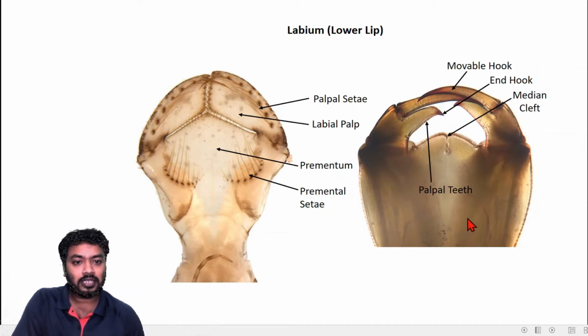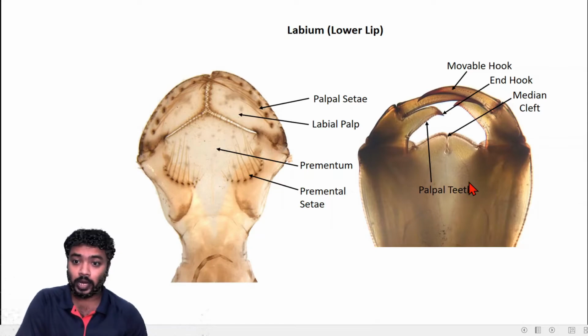In the case of this labium, we can see there is no premental setae present. So presence of premental setae is also a character, and the number, because in the same genus, different species differ in the number of premental setae. So you have to very carefully count the premental setae and the palpal setae for species level identification.